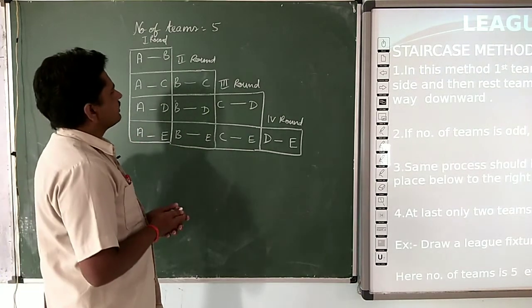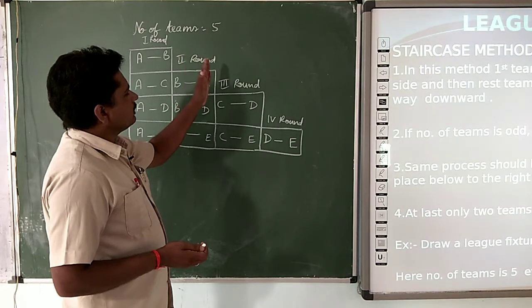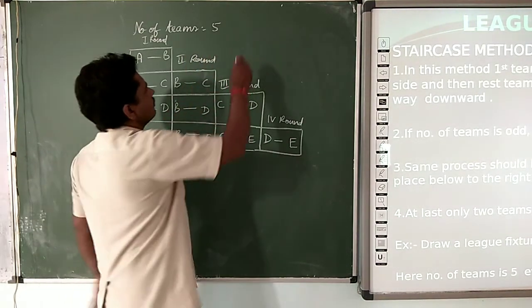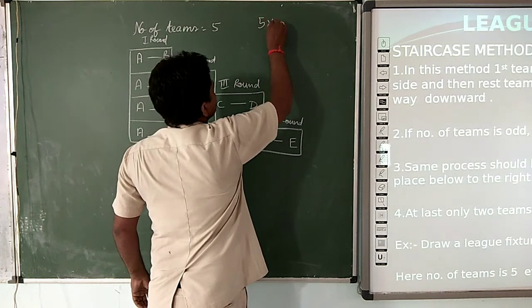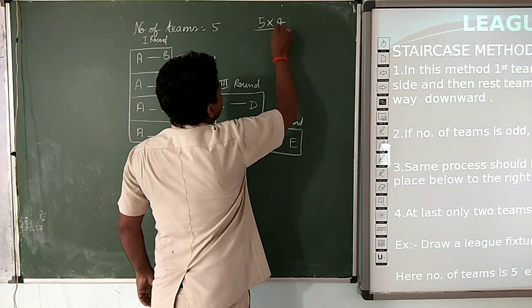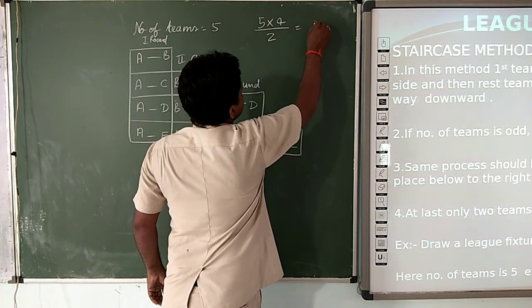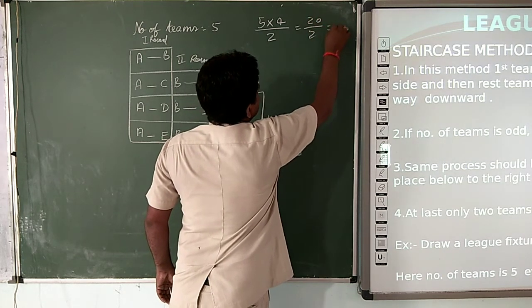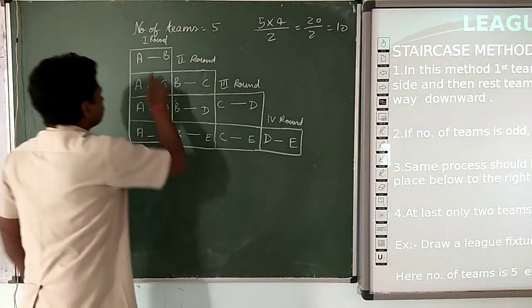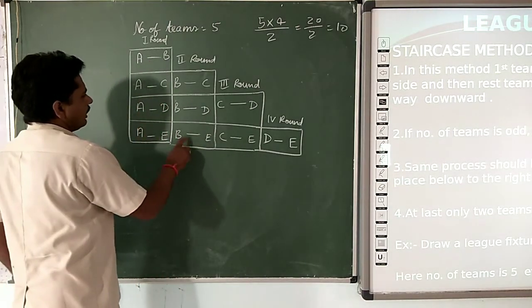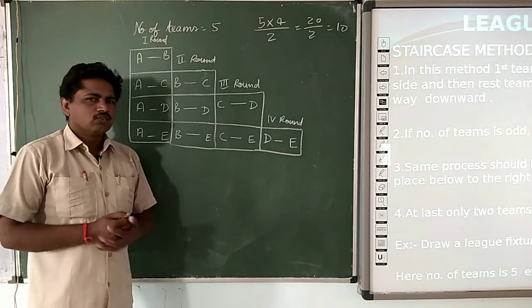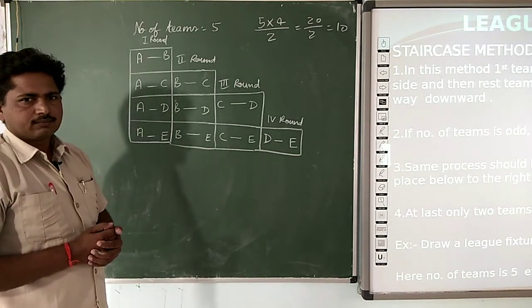The total number of matches should be n into n minus 1 upon 2, means 5 multiplied by 4 upon 2. What does it mean? Count it. 1, 2, 3, 4, 5, 6, 7, 8, 9 and 10. That's why your fixture is correct.